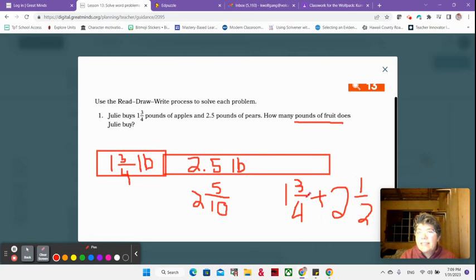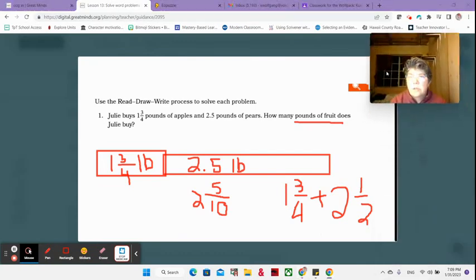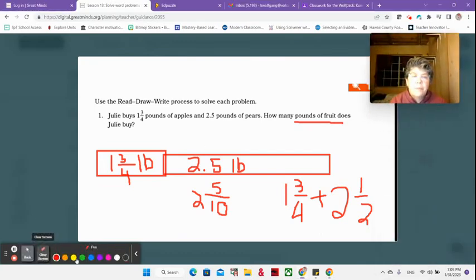All right, now we have to add these together, so we need to make them both as fourths. So 1/2 would be how many fourths? Multiplied by 2 over 2, right? Hopefully this is becoming old hat to you by now. So that would be 2 fourths. 2 2/4 plus 1 3/4, altogether 3 5/4.